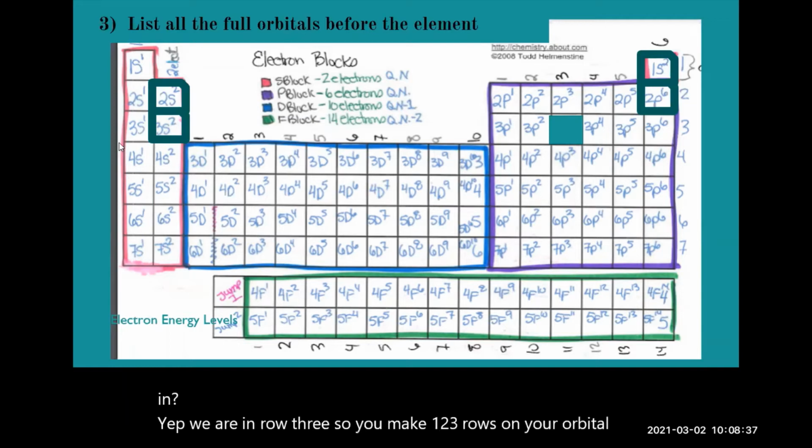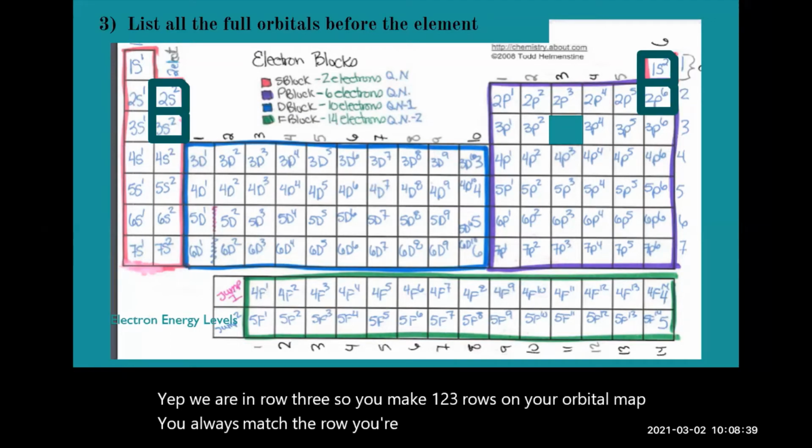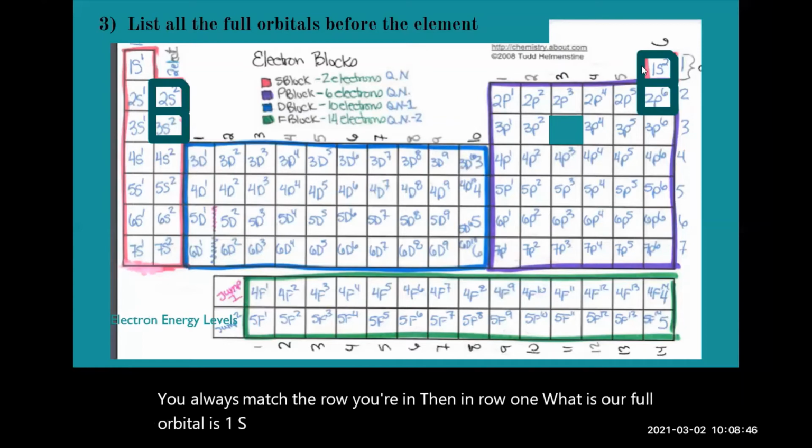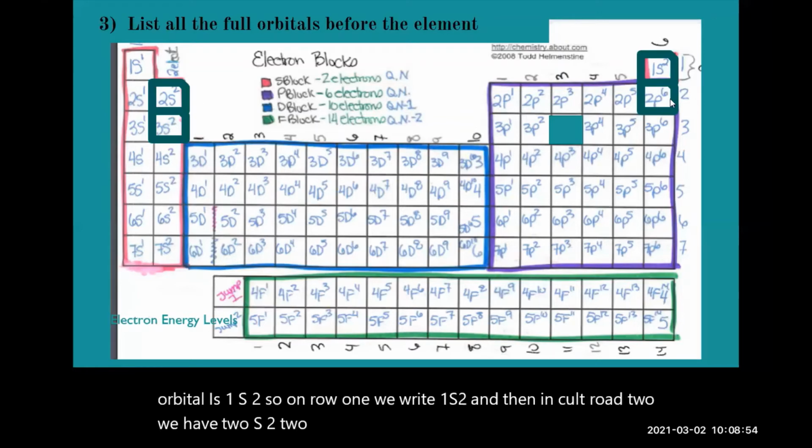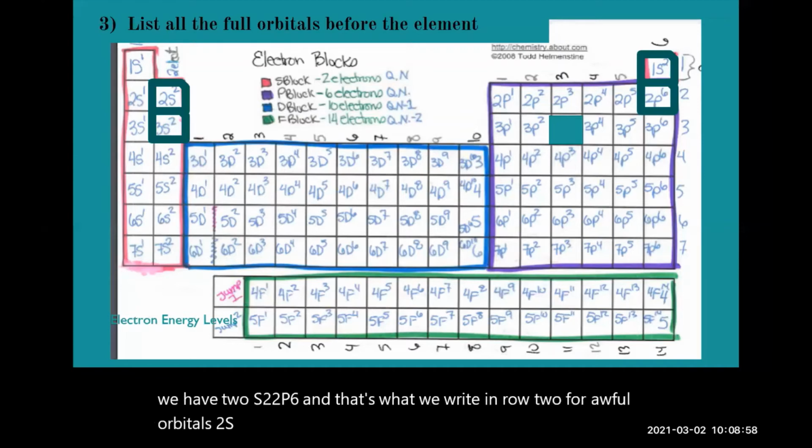You always match the row you're in. Then in row 1, what is our full orbital? It's 1s2. So on row 1, we write 1s2. And then in row 2, we have 2s2, 2p6, and that's what we write in row 2 for our full orbitals.